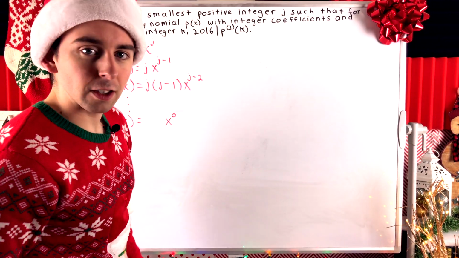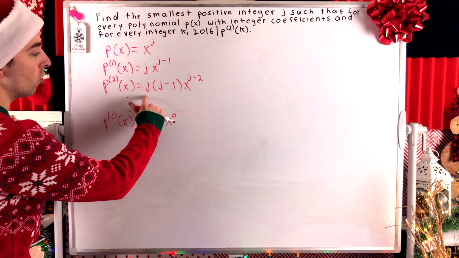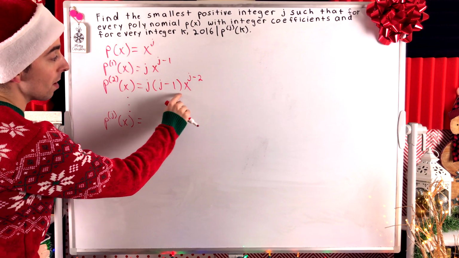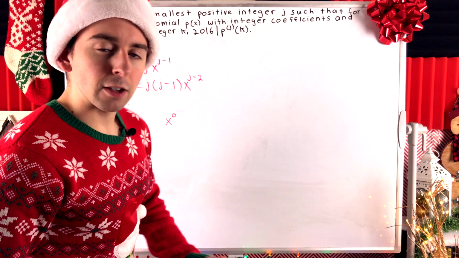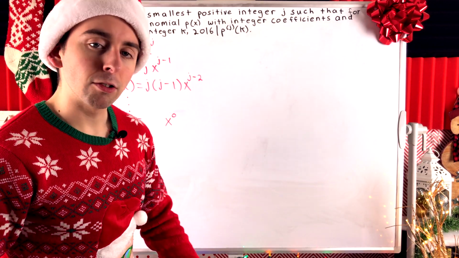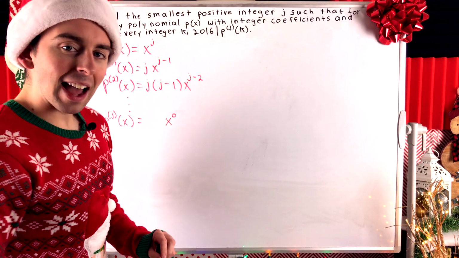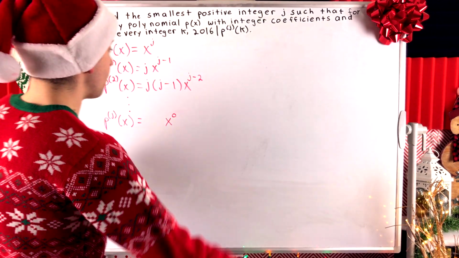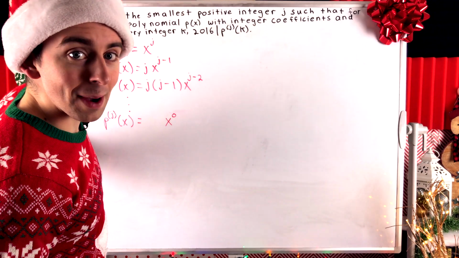Then, what are we going to have for the coefficient? What are our factors going to be? Well, notice how this was going. j times j minus 1, the next derivative would have been j times j minus 1 times j minus 2, so it's this sequence of factors, and notice in each derivative, the last factor is 1 greater than the exponent of the variable. The last factor here is j, which is 1 greater than j minus 1.